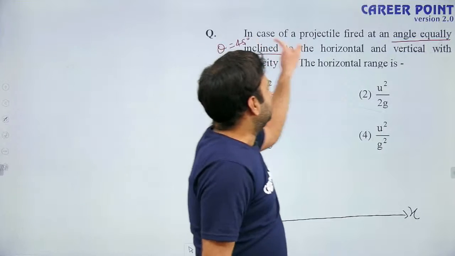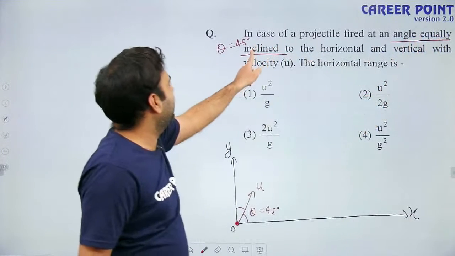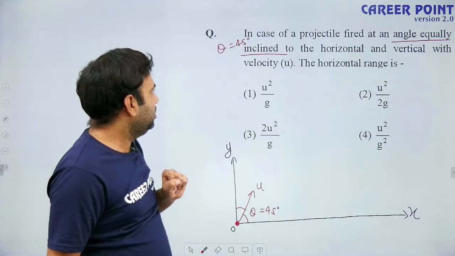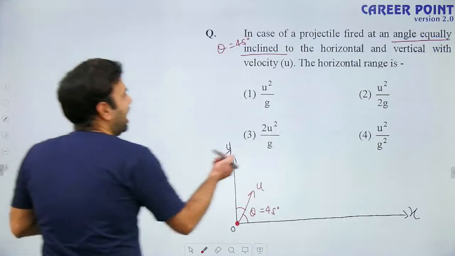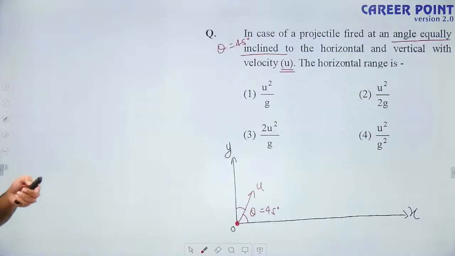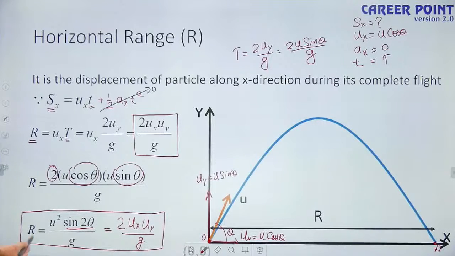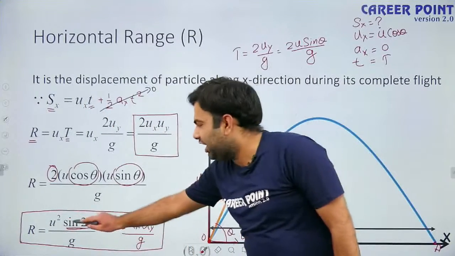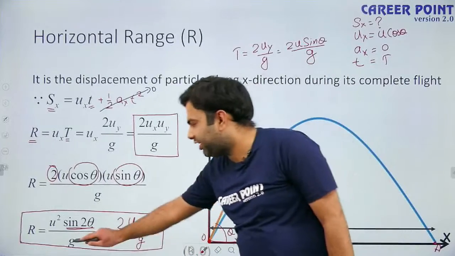See, the sentence angle equally inclined means that the angle of projection is 45 degrees. We have initial velocity u and it is asking the range of this projectile. So what is the formula? The range of a projectile is given by u square sine of 2 theta divided by g.